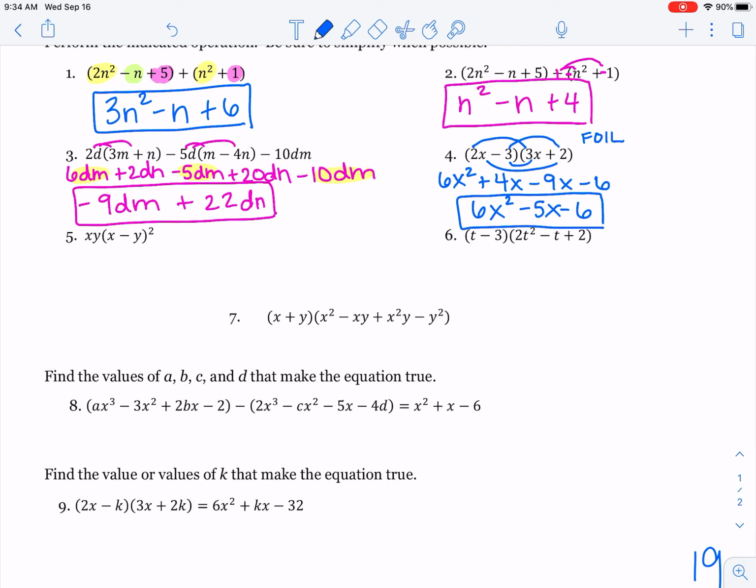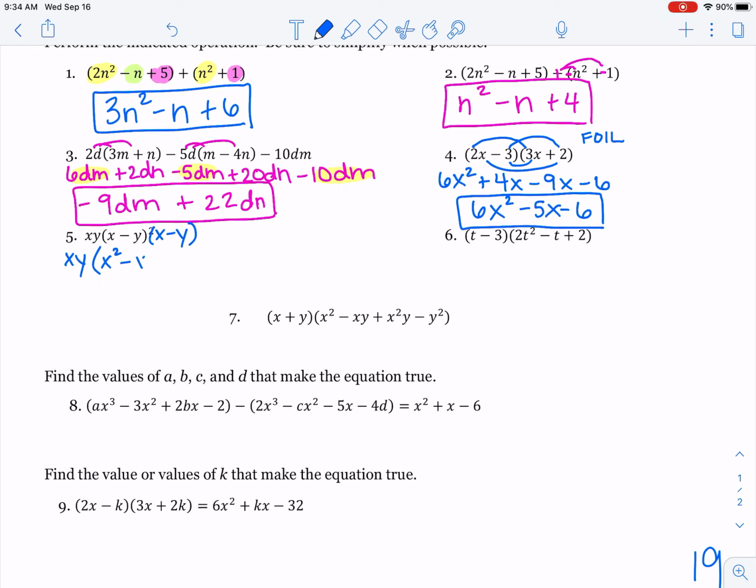Number 5, I have xy times x minus y squared. So you cannot distribute that exponent in there because I have a subtraction sign. So instead, what I'm going to do is instead of writing it as x minus y squared, I'm going to write it as x minus y times x minus y. Now it looks like it should be FOILed.